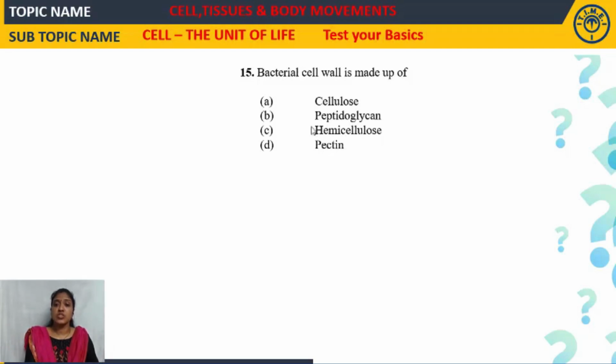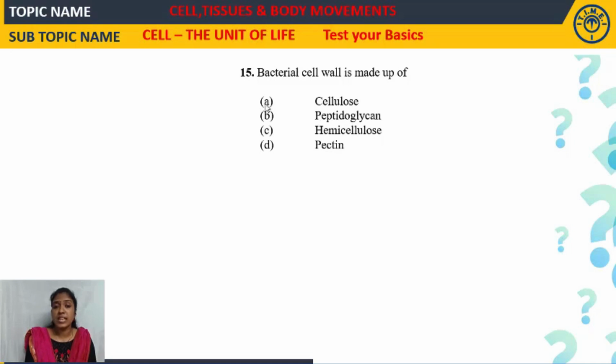So bacterial cell wall is made up of what? If you know the correct answer, we can directly go for the answer. Bacterial cell wall is made up of what? Peptidoglycan.